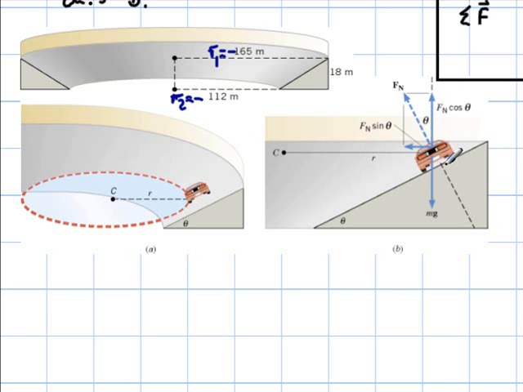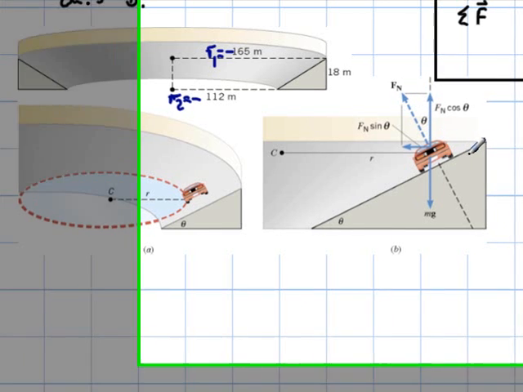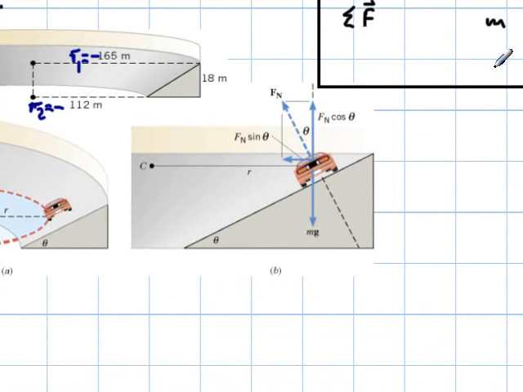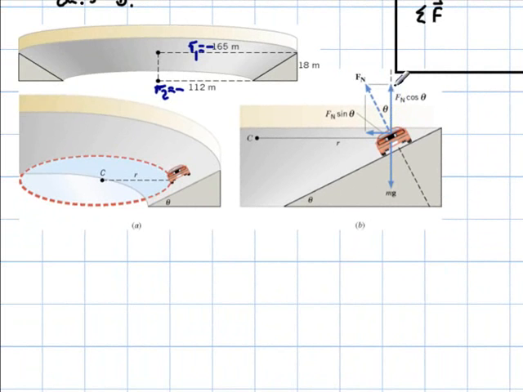So we know, I believe, what the weight is of the car. Actually, no, we don't. Well, let's see. Something interesting must be happening there. So we don't know what the mass is. We don't know what the weight is. What we do know is that the vertical component of the normal force must equal the weight, so that the car doesn't slip up or down but stays on the same level, and that has to do with the maximum radius, the maximum speed, and the minimum speed it needs to have.